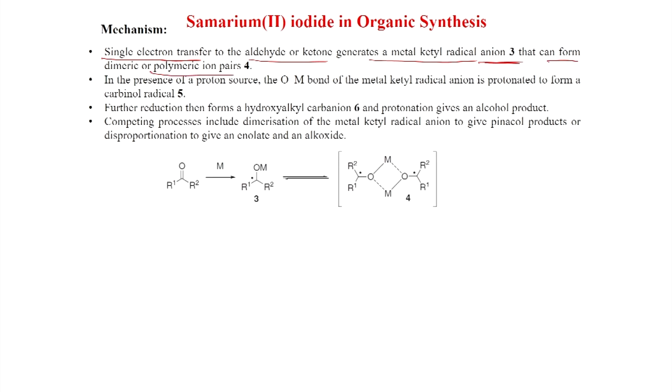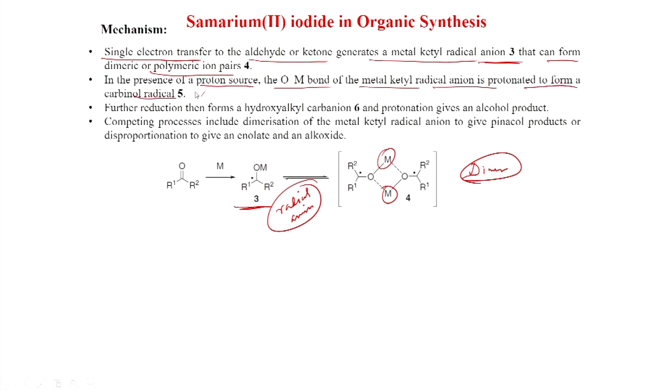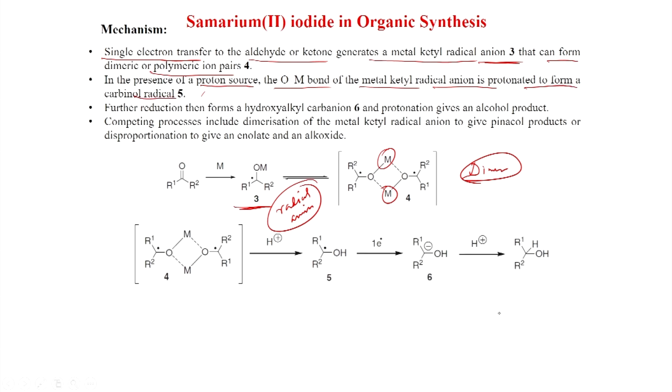So like this, this is actually a radical anion, and this radical anion will stay as a dimer. 2 atoms of metal are present here, and in the presence of proton source, the OM bond of the metal ketyl radical anion is protonated to form a carbonyl radical 5. So after protonation you get this, because OM is replaced by OH now, carbonyl radical.